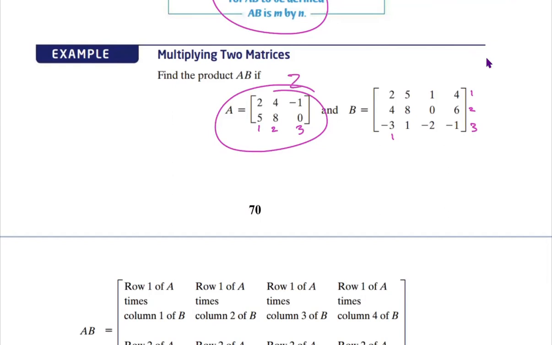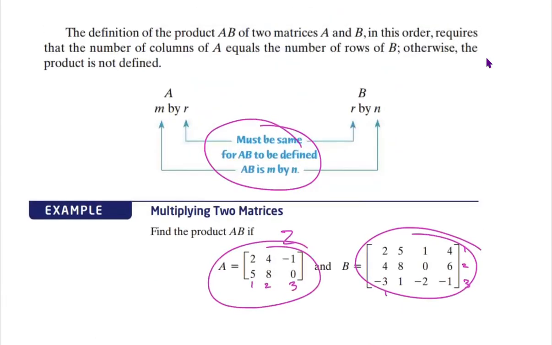And the number of columns of the result will be the same as the number of columns of the second. So what am I trying to say? You're multiplying A and B, right?